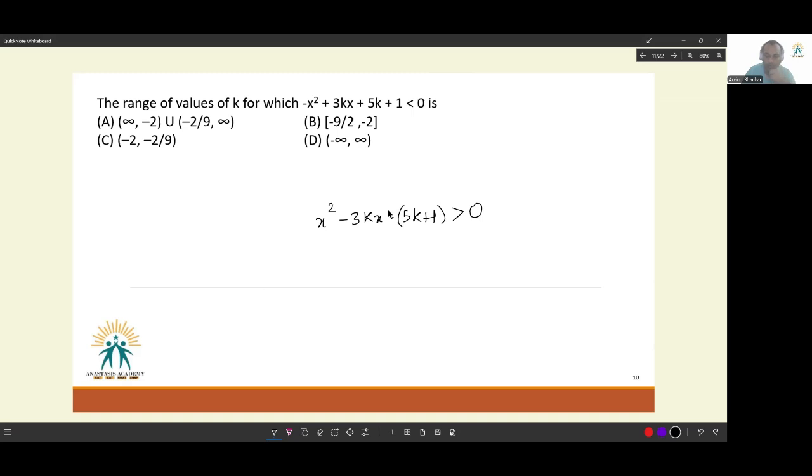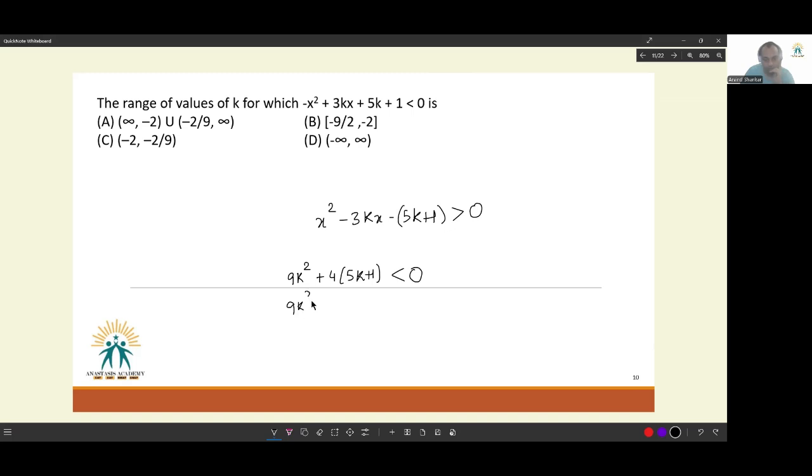So let me write down the discriminant, minus 3k. So 9k square minus, so this will become 4 times of 5k plus 1 has to be less than 0. B square minus 4ac will be this.